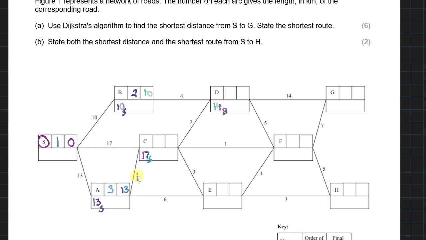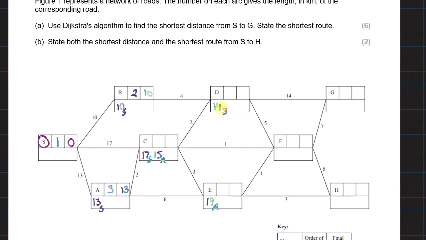So 13 plus 2 is 15, which is better than the value already there from the start. So it's better to get to C by coming from A, and 19 to E, and that came from A.